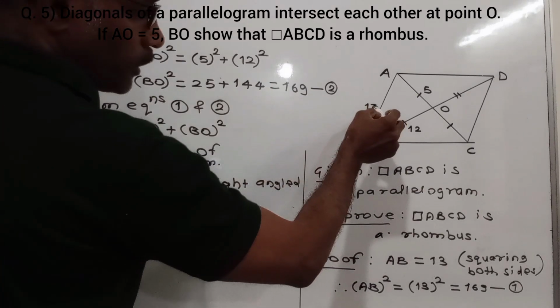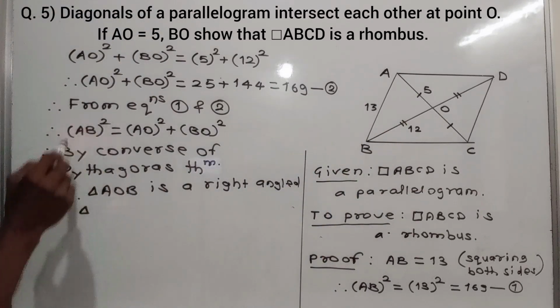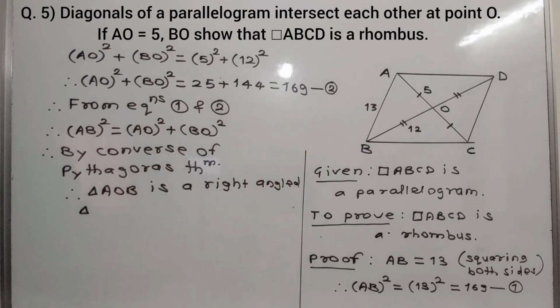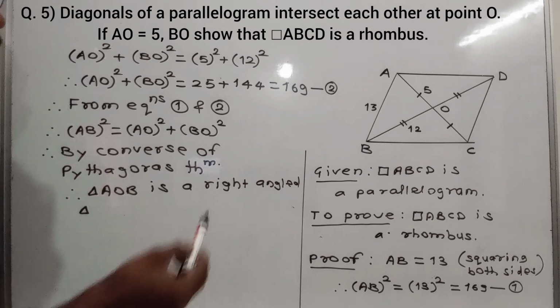Now here AB square is equal to AO square plus BO square. Therefore, AB is our hypotenuse.